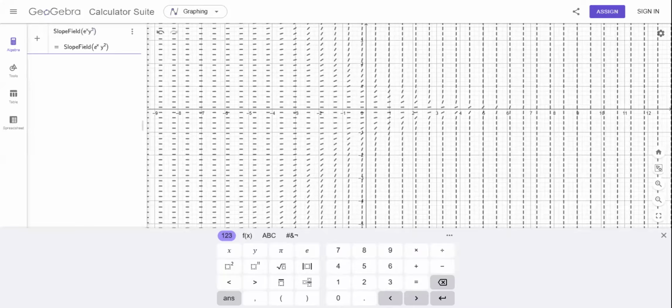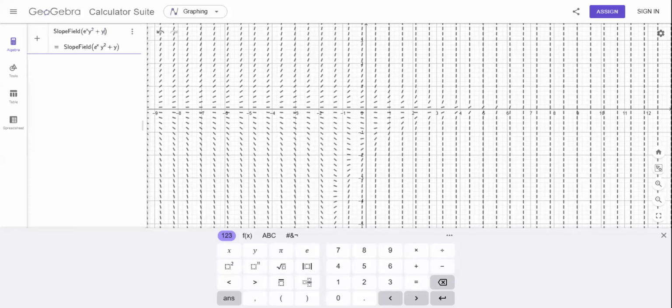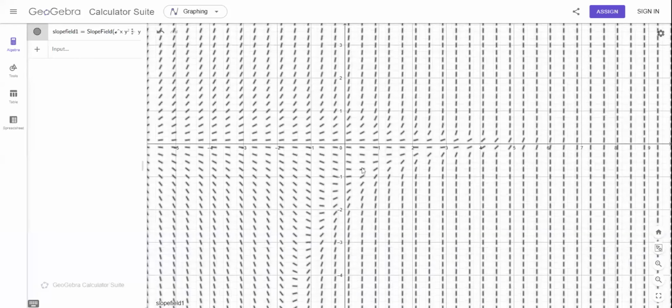Basically, we use the slope field on here. You get dy dx on one side, and then use algebra to move everything else to the other side. Okay, so plus y. That's the slope field for the differential equation. Okay, so here's the slope field for it. A little more interesting there.